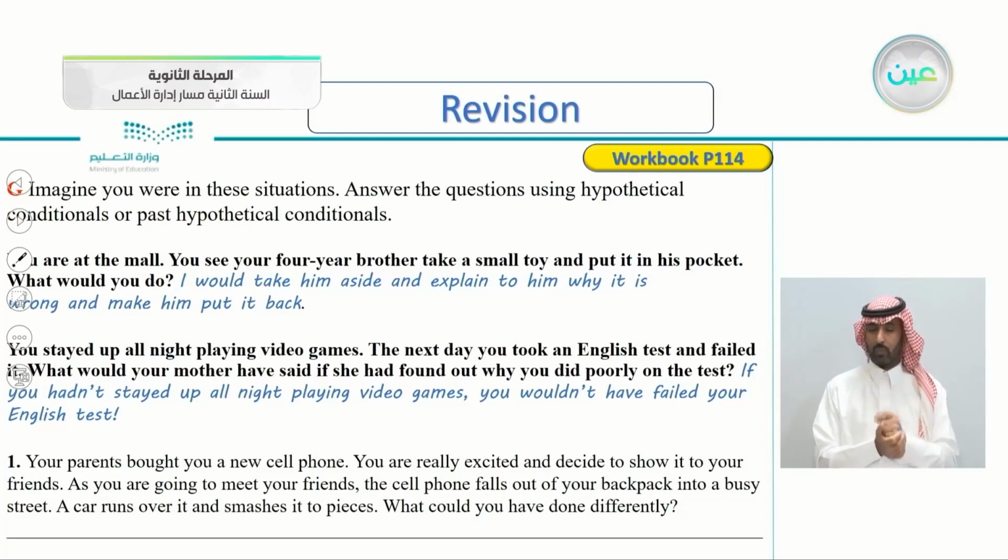So your parents bought you a new cell phone, and you want to show it to your friends. As you're going to meet your friends, the cell phone falls out of your backpack into a busy street with lots of cars. A car runs over it and smashes it into pieces.